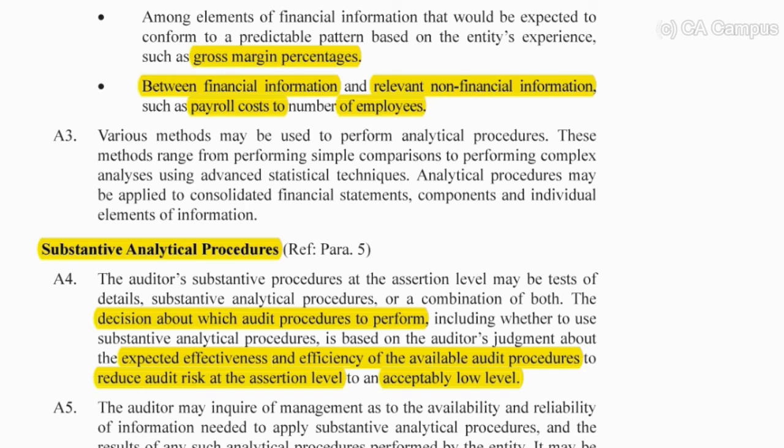But it also says it's between financial and potentially non-financial information. So example, payroll costs to the number of employees. The more employees, the higher I expect the payroll cost. The reduction in employees, I expect a reduction in the payroll costs.